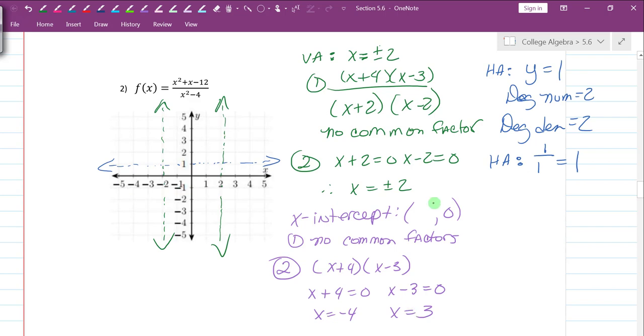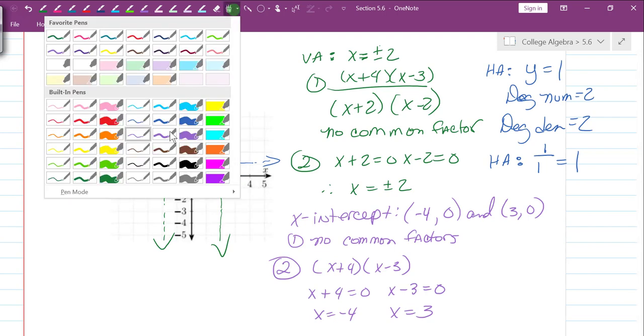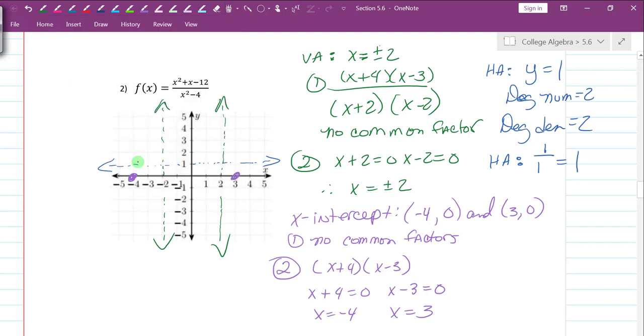So actually I have two x-intercepts. One is at (-4, 0) and (3, 0). Okay, I need to plot both of those. So (3, 0), I have one right here. And then the other one is (-4, 0), and that is right there. Oops, my 3 disappeared. There we go, we got it back there. Okay, now I need to do my y-intercept. My y-intercept is going to be right here.